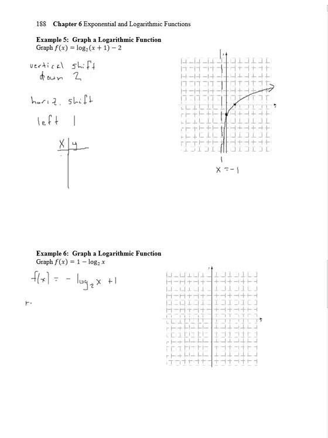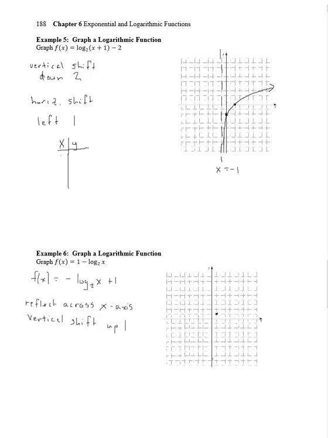So we have a reflection across the x-axis, and we have a vertical shift up 1. So our point 1, 0, when we reflect it across the x-axis, since it's on the x-axis, it doesn't move, but then we have to shift it up 1.